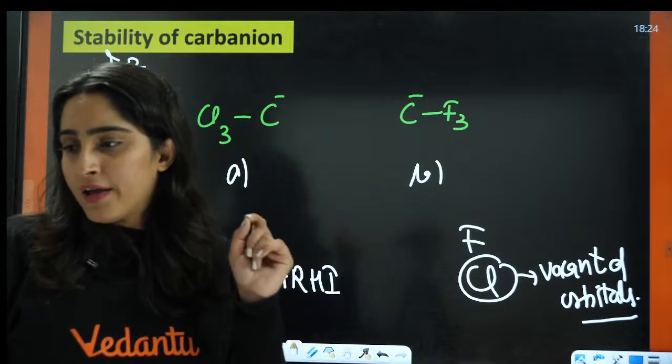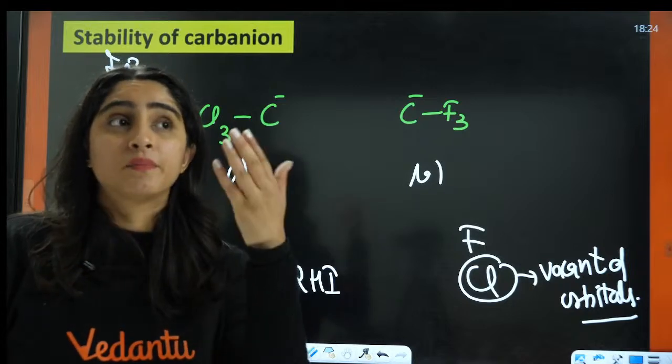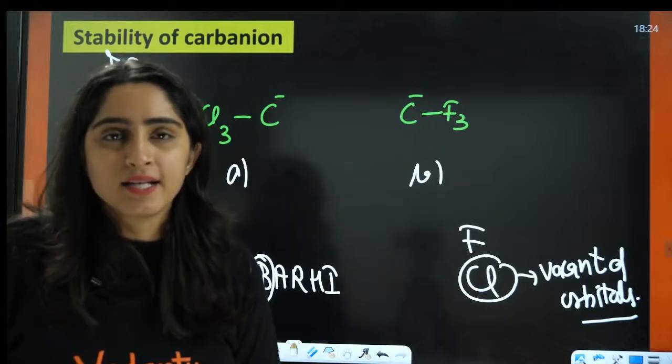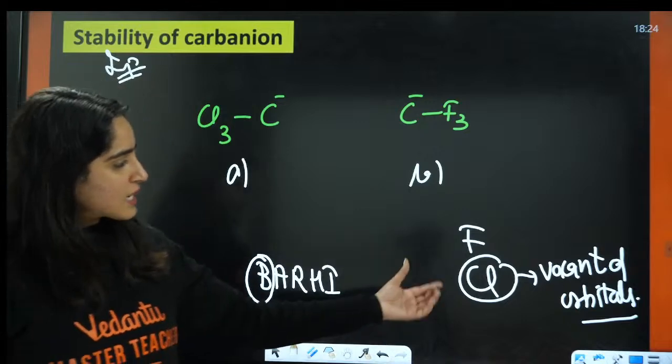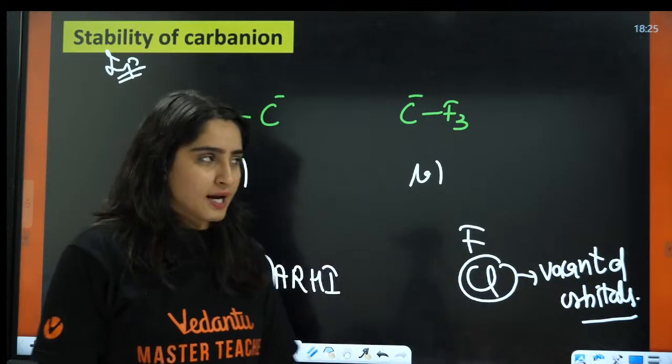When you do P block, this is group 17, right? Okay, so we'll also cover P block. In that you will understand why this has vacant d orbitals, right?